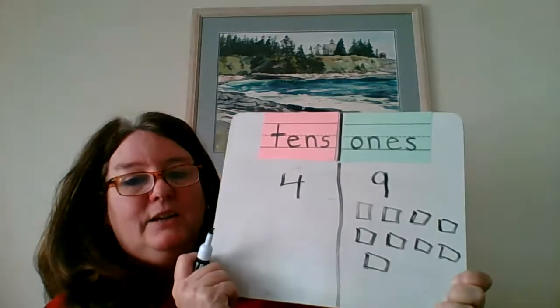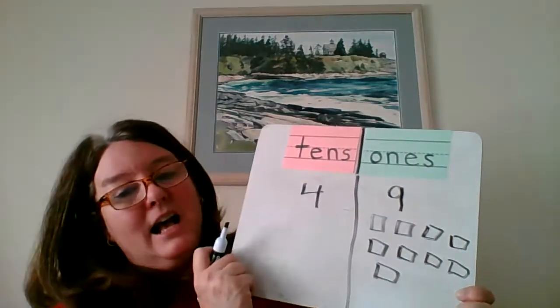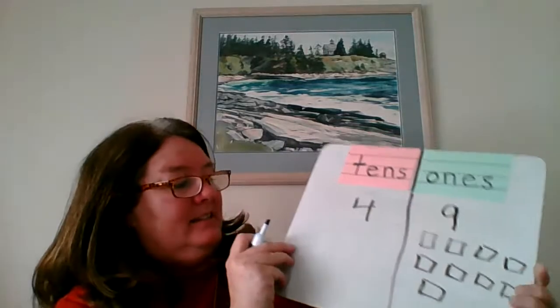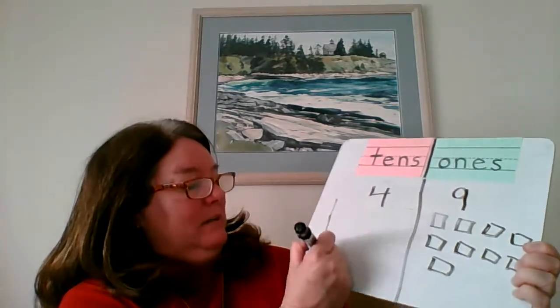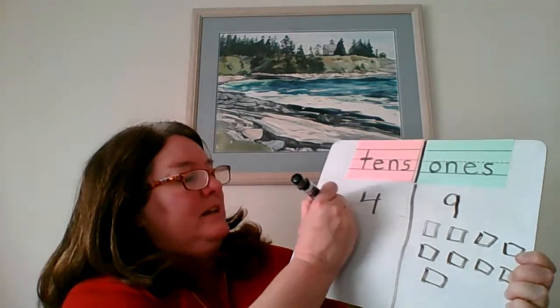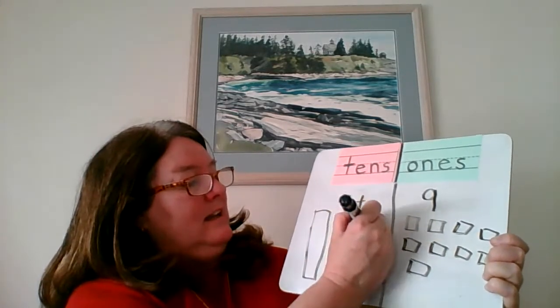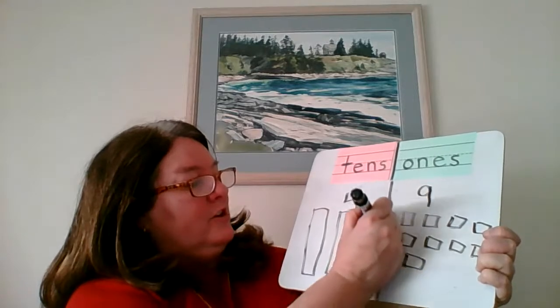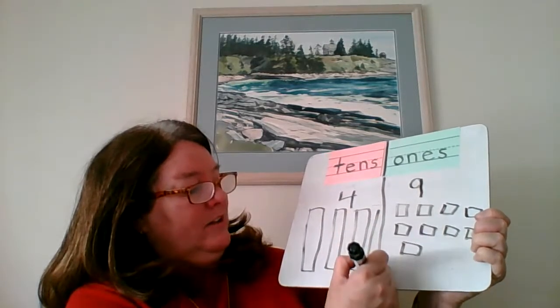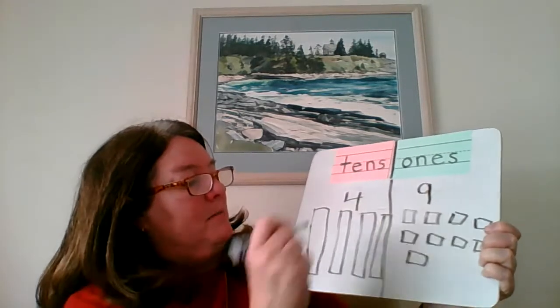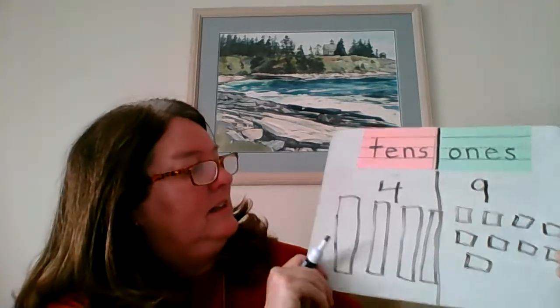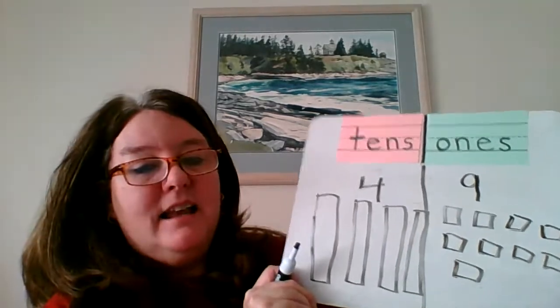So there are my 9 1's. The 4 is not a 4, it's 4 10's. So really it means 40, because here's 10, 20, 30, 40. It seems like my marker's not doing too well. So we have 4 10's and 9 1's.